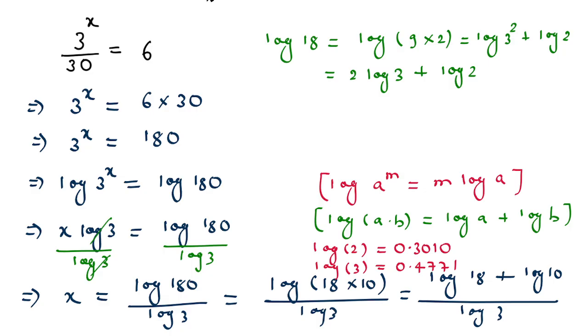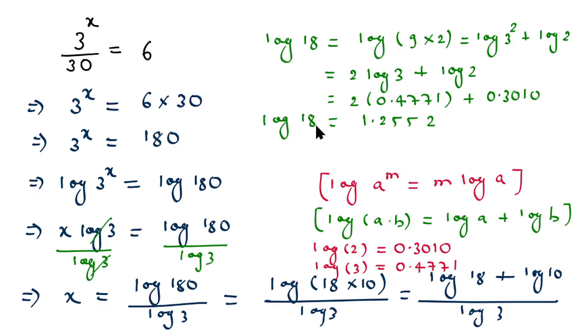Okay, now we will put the value. So we can write 2 into 0.4771 plus 0.3010. Okay, now we will add, then we will get 1.2552, which is equal to log 18. Okay, this is the log 18 value.